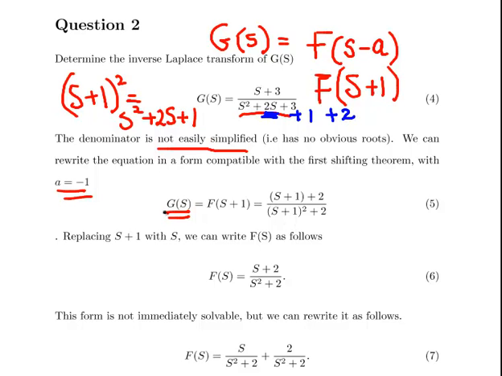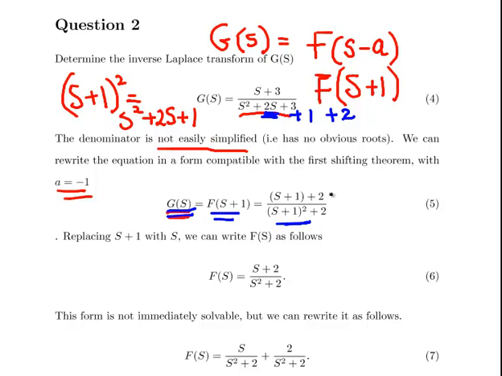So essentially we can write g of s in this form, f of s plus 1. We can have s plus 1 squared plus 2 at the bottom. And also above, we can rewrite s plus 3 as s plus 1 plus 2.